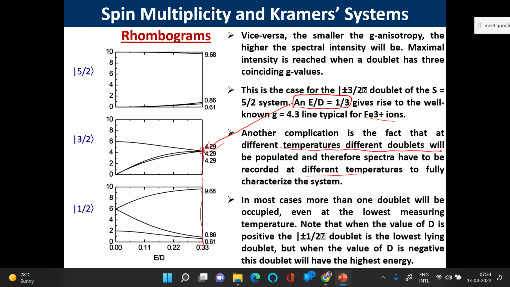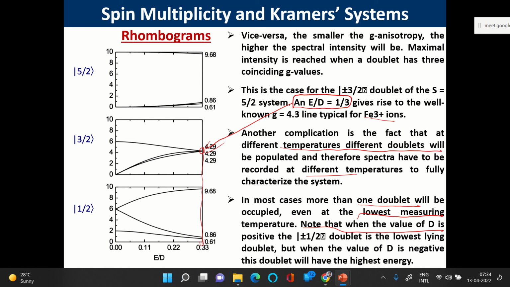The lowest energy one. At the lowest measuring temperature, more than one doublet can still be occupied, because the energy separation is low. If you compare room temperature, most of the Kramer doublets, the spin states, are occupied.